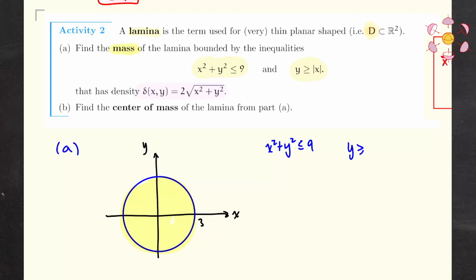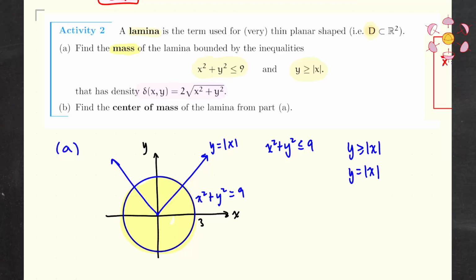y is bigger than or equal to the absolute value of x. So what is that? As always, if you come across an unfamiliar inequality, we should start with the equality case. So y equals absolute value of x, I hope you remember from your pre-calc or calculus days, is the following V shape. Okay, so there's my labels here.